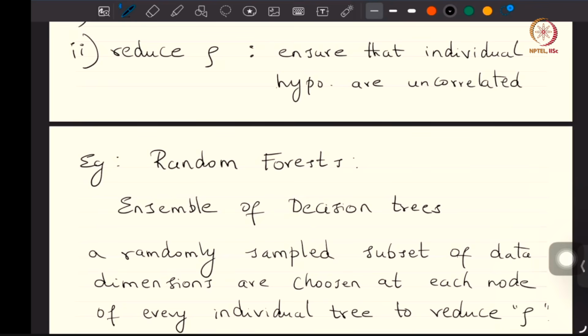Now, what could be an additional hyperparameter here? The number of dimensions that you would choose at every node. So, that is typically taken as a hyperparameter when you are building the random forest.